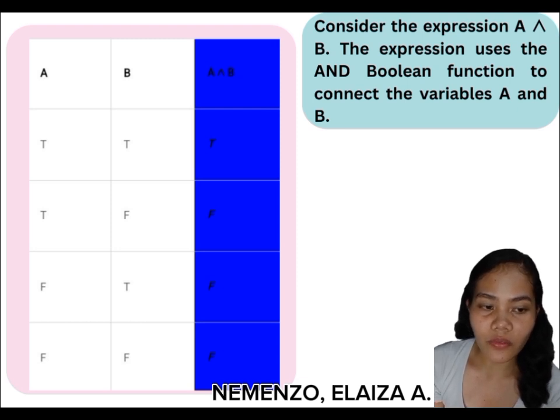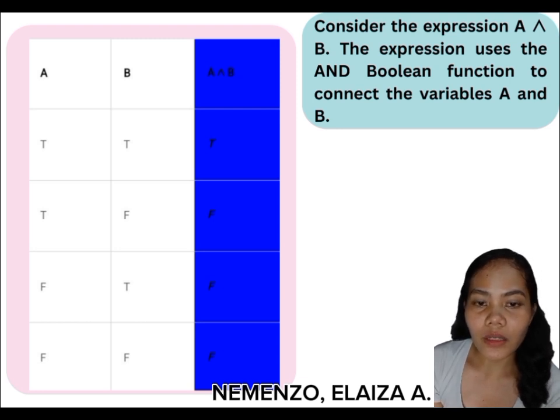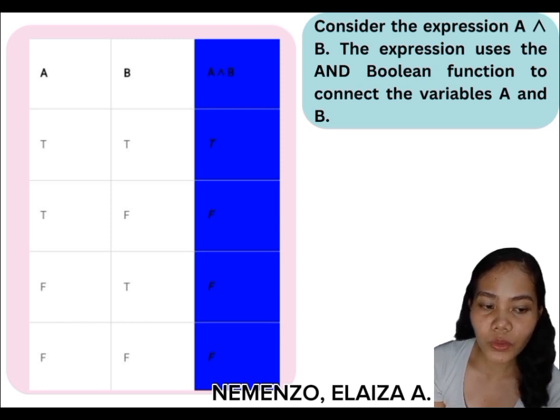The first row of values after the heading shows a value of true for each variable. The final column highlighted in blue also shows a true value. This means that the expression returns true when both variables are true. However, the subsequent rows indicate that the expression returns false for all other value combinations.